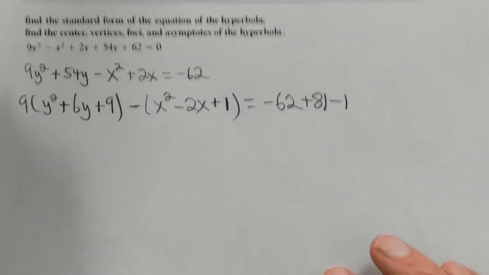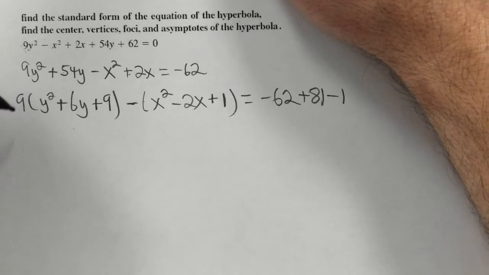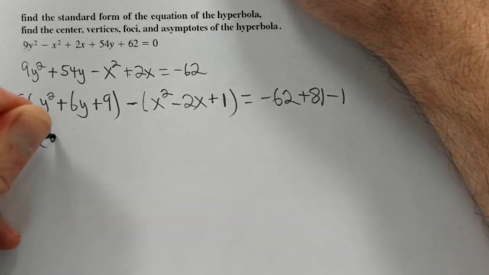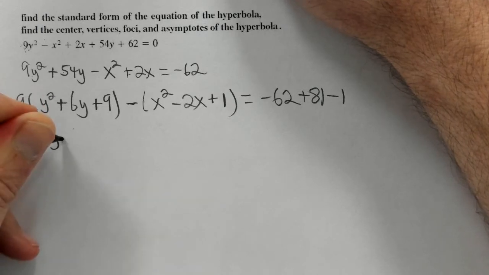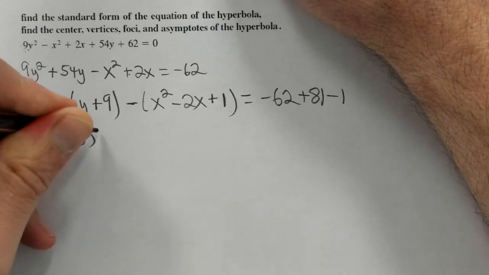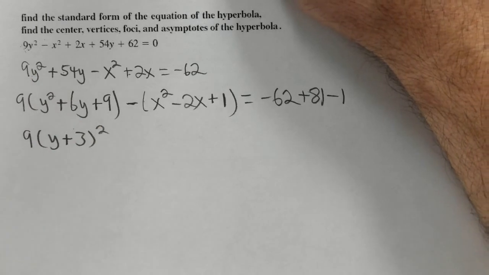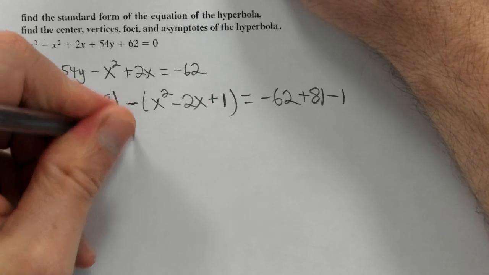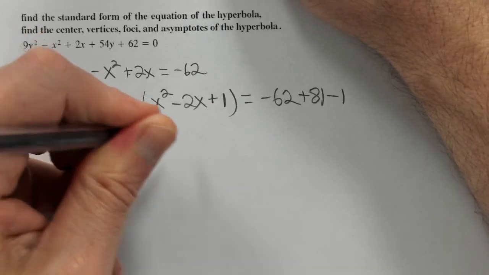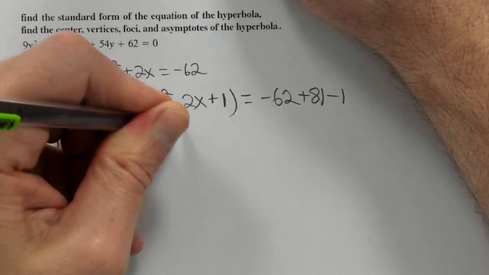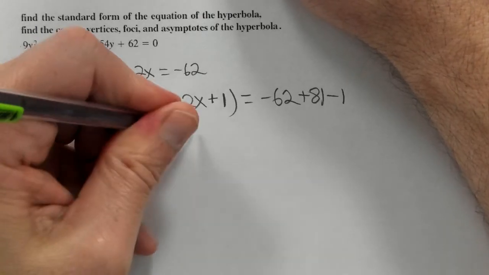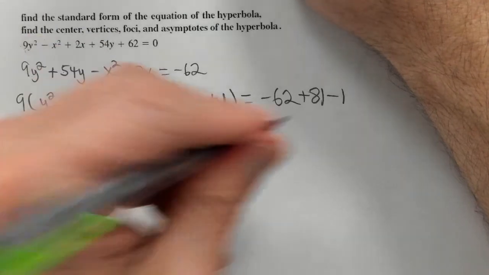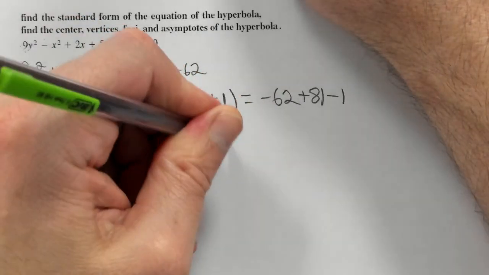So from here now, we can go ahead and factor. So this will be 9, and this will be y plus 3 close squared, right? Let's see, minus, and we'll go ahead and factor that as well. And then that's going to be -1 there. And this is going to combine together and make 18.